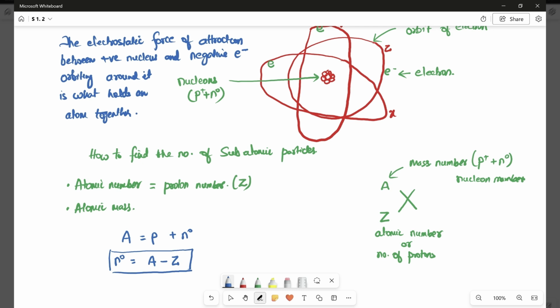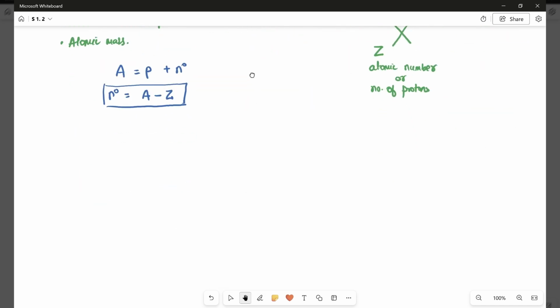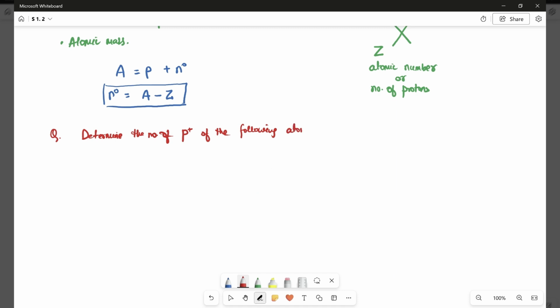Let's have some questions. Take an example: you have to determine the number of protons of the following atoms, right?